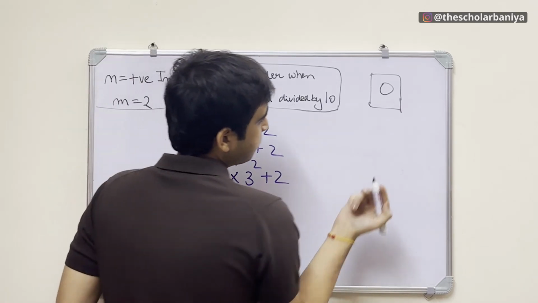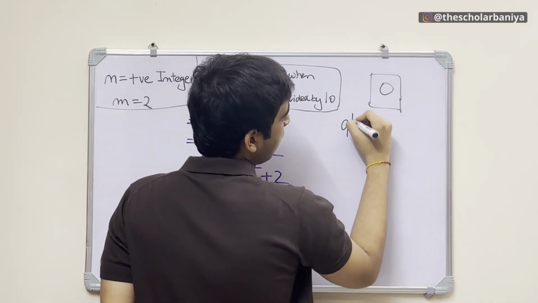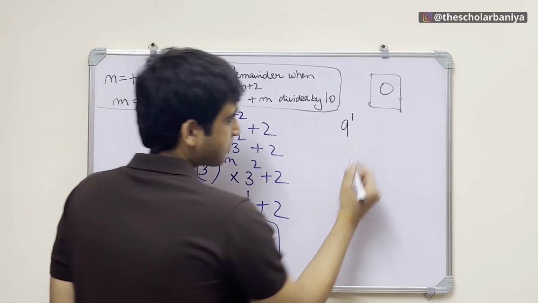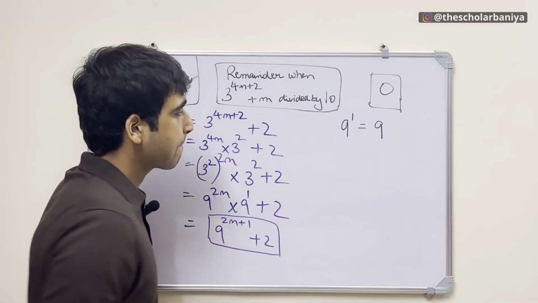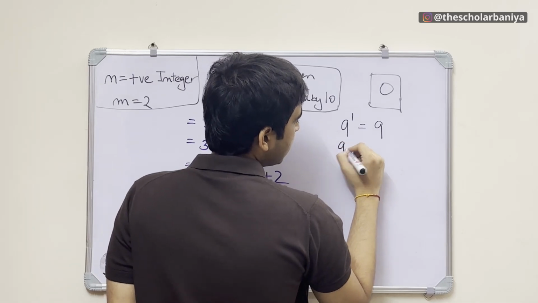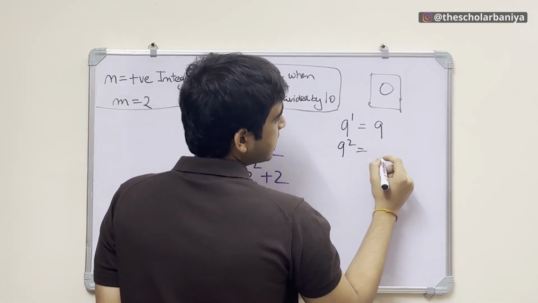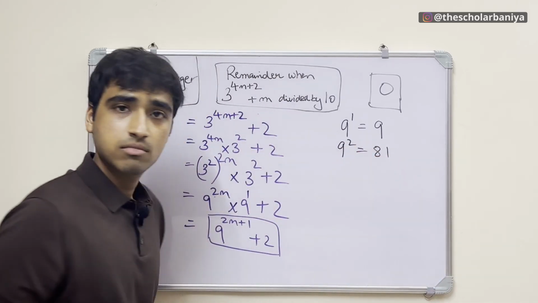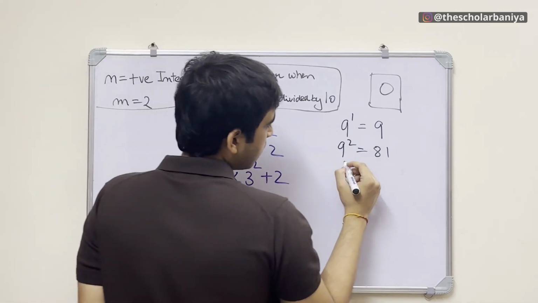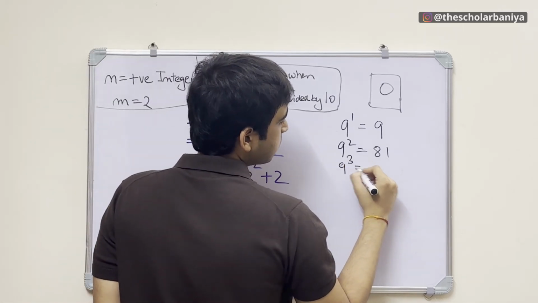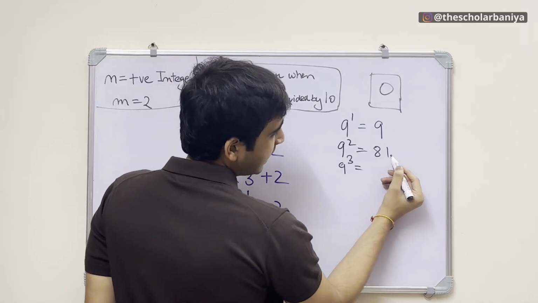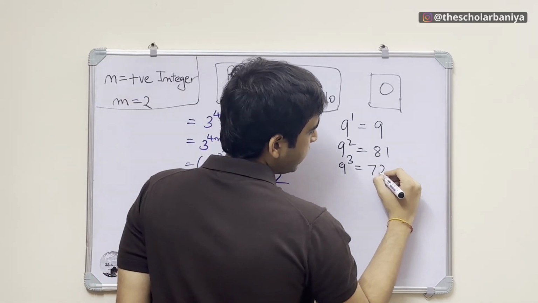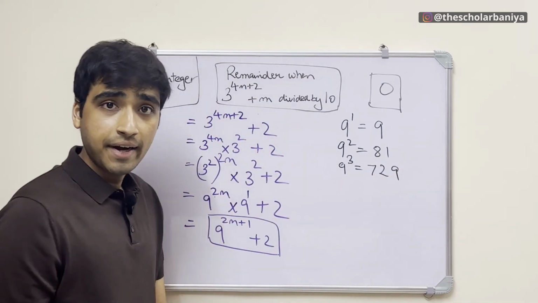So if you see, for example, 9 to the power of 1, that is 9. 9 to the power 2, what is that? That is 81, right? 9 to the power 3, what is that? That is 729. 9 ones are 9, 9 into 72, 729, right?